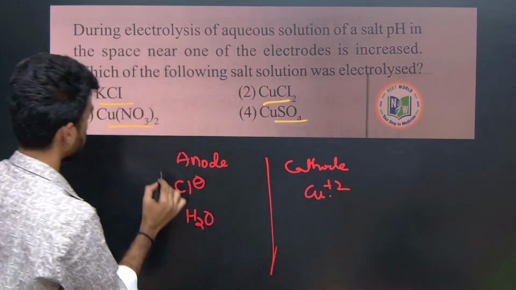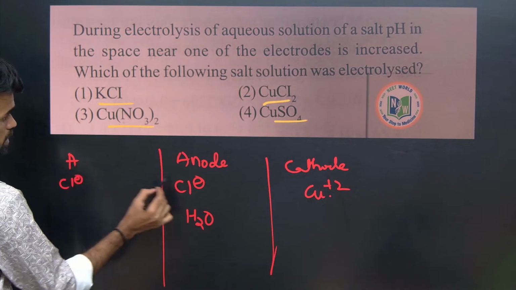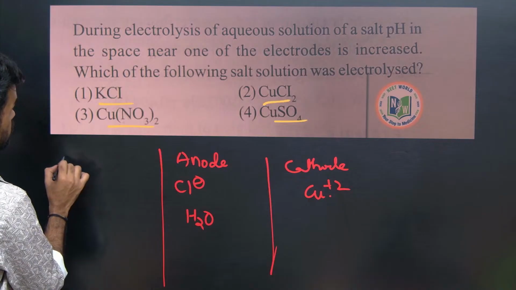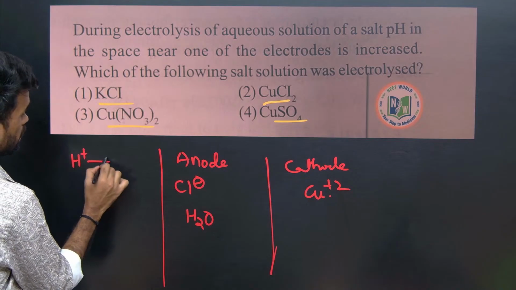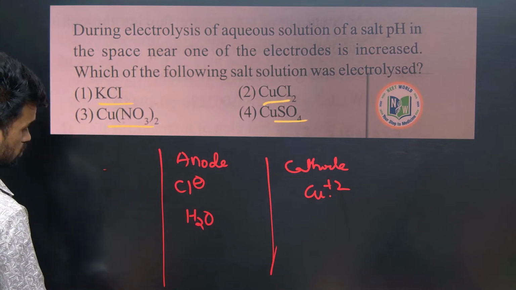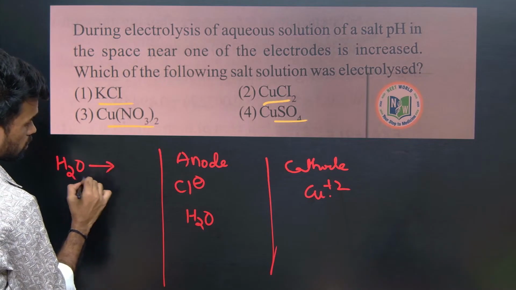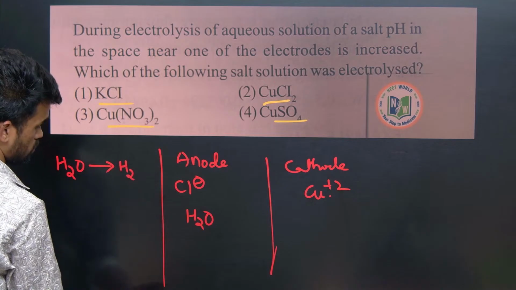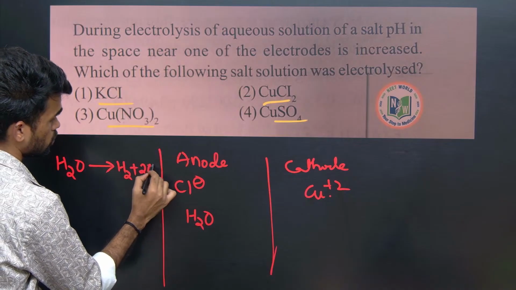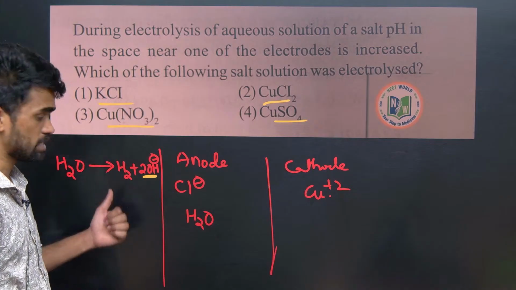For this one, Cl minus and H are common, but H plus, what is the other ion we have? H plus will deposit and convert into H2. H2O gives rise to H2 plus 2 OH minus. So base is forming in which case? KCl. KCl. So what is the correct answer?